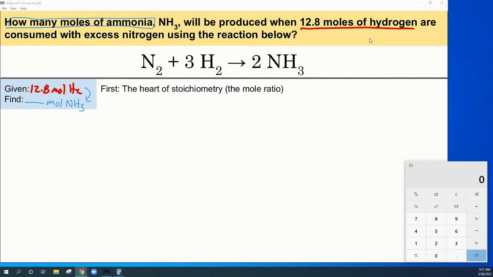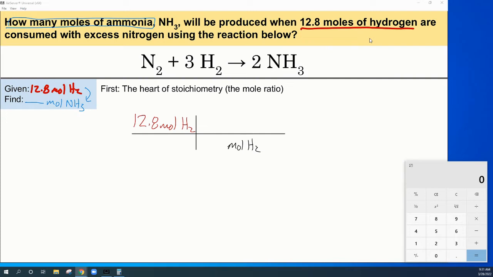I'm always going to take my given value and start with that. Then I'm going to use my mole ratio, and I'm going to multiply these two numbers together so that I cancel off the unit that I have.